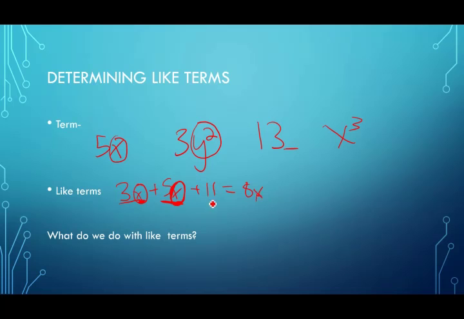And 11 doesn't have anything else, it's just a whole number. So what do we do with like terms? Once we figured out that this was a like term to this, they were the same, they both had x's at the end, we are able to add or subtract them. We can combine them to simplify.